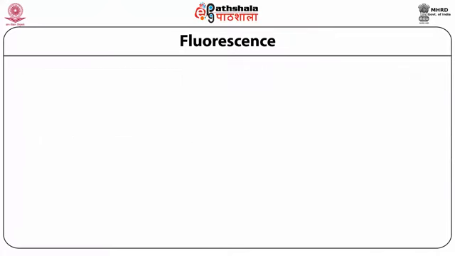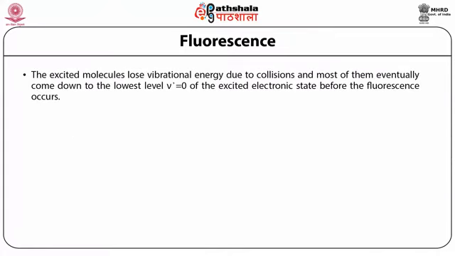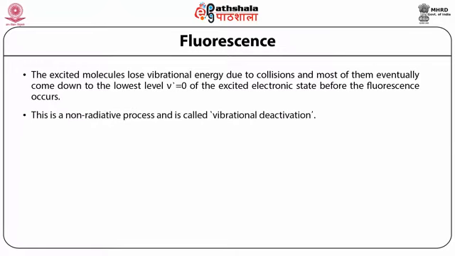The excited molecules lose vibration energy due to collisions, and most of them eventually come down to the lowest level, ν' = 0, of the excited electronic state before the fluorescence occurs. This is a non-radiative process and is called vibrational deactivation.